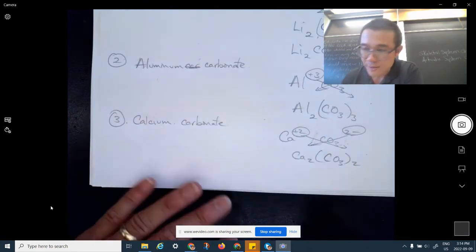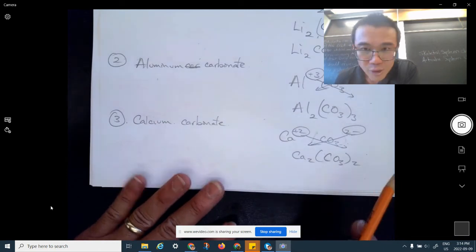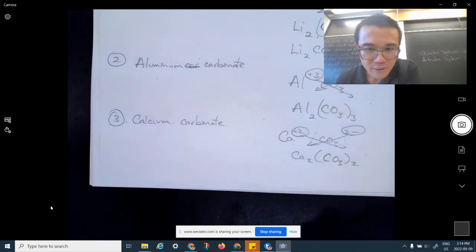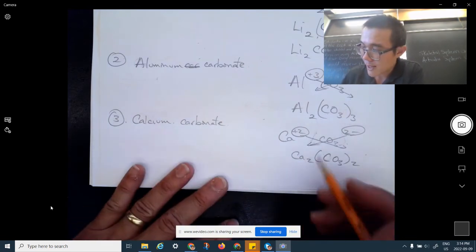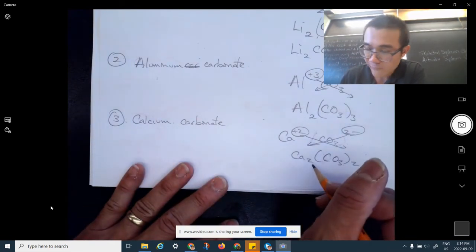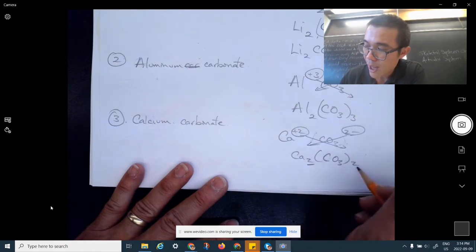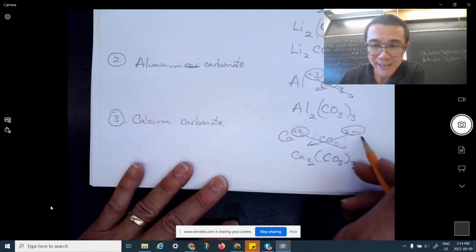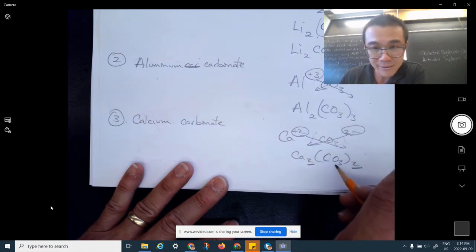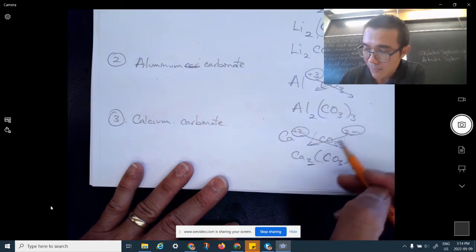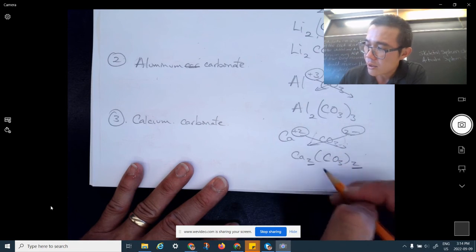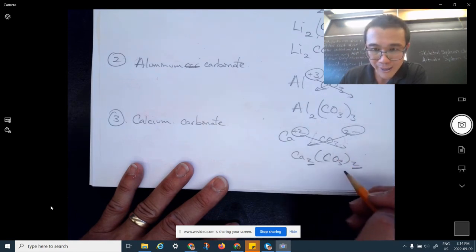Now, this is the thing. I was going to say earlier that you're going to have to do reduction, but I don't really see the reduction. When you check for reduction, you look at this number as well as this other number. It is the number that gets crossed over, not the number inside the bracket. I'll repeat again: it is the number that gets crossed over, not the number in the bracket.